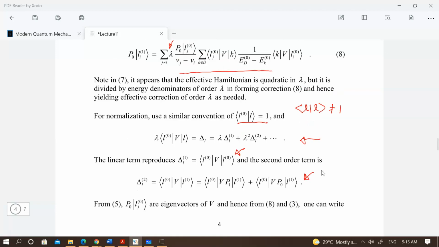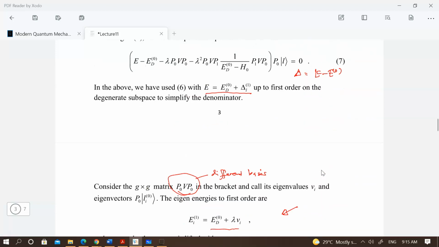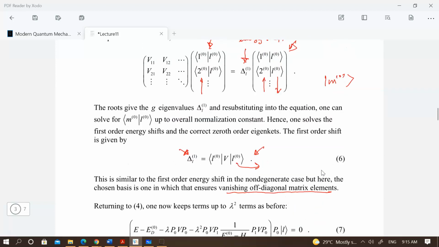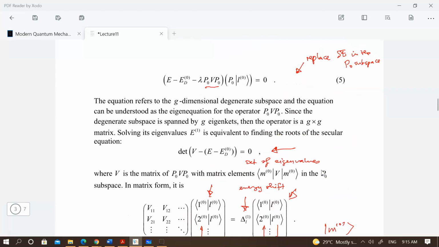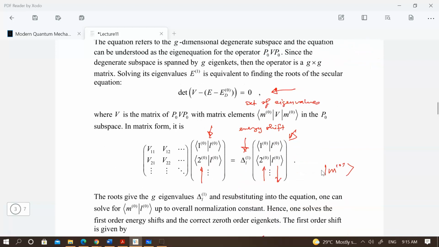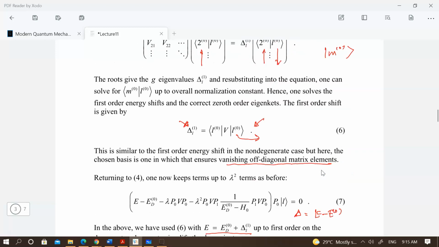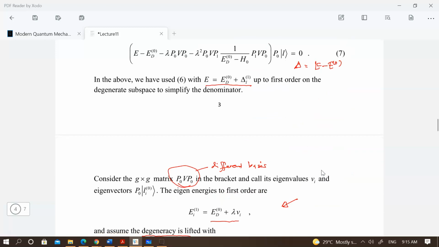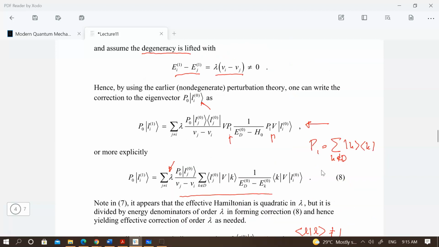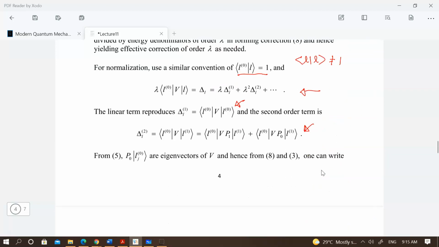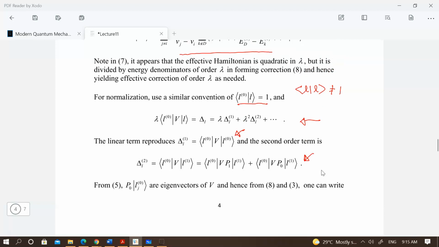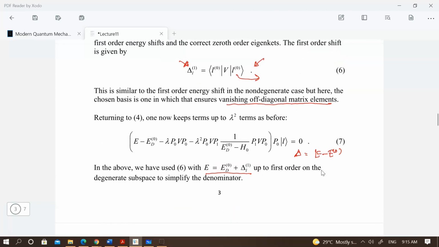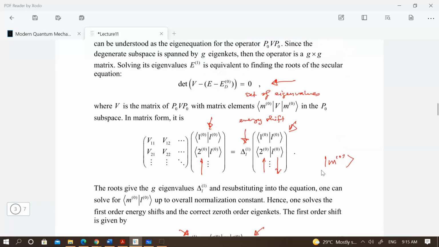And from 5, what is 5? I can't remember now. Okay, from that equation, which is your Schrodinger equation, that sort of Schrodinger equation in the context of the degenerate subspace. What do I want to do with that? Yeah. So that equation, if you remember, what was equation 5?